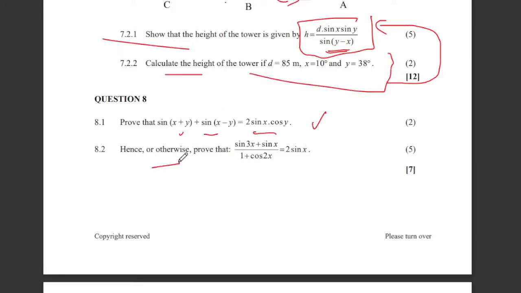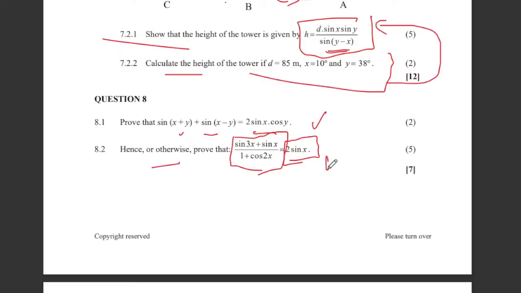Then hence or otherwise, so it's either you use what you obtained up there to just draw the conclusion this side and do the proof, okay? So under this, remember we said we have identities, those identities that we need to remember. And then we have two sides. We must prove that one side is equal to the other. Guys, start with the side that has the most number of terms.